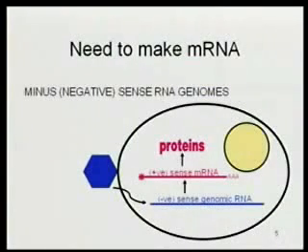So this has to be copied into message sense before it can be made into proteins. So it needs the RNA polymerase as the very first thing when it gets into the cell to make its messages. And it can't make the RNA polymerase in the cell unless it has first made messages.